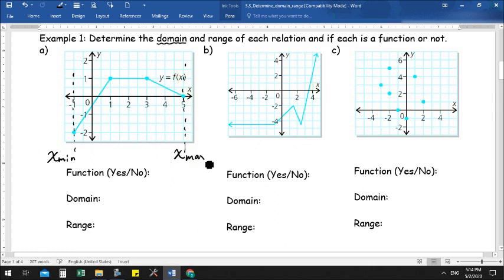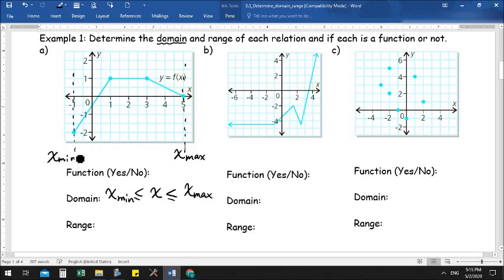The very right side of your graph is the x maximum value. Your domain, you could write as minimum x less than or equal to x less than or equal to max. Okay, so your x value should be between the minimum and maximum value.